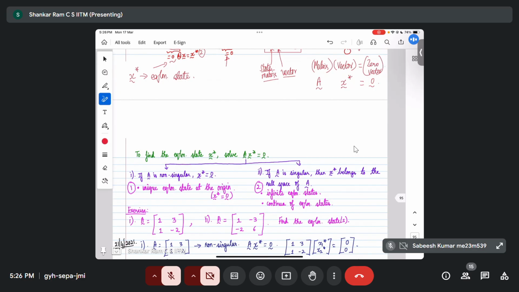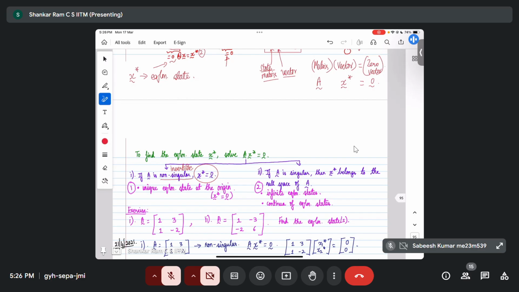I'm only using the final result in this particular process. If A is a non-singular matrix, that means it's invertible, then the only solution for x star is the zero vector.